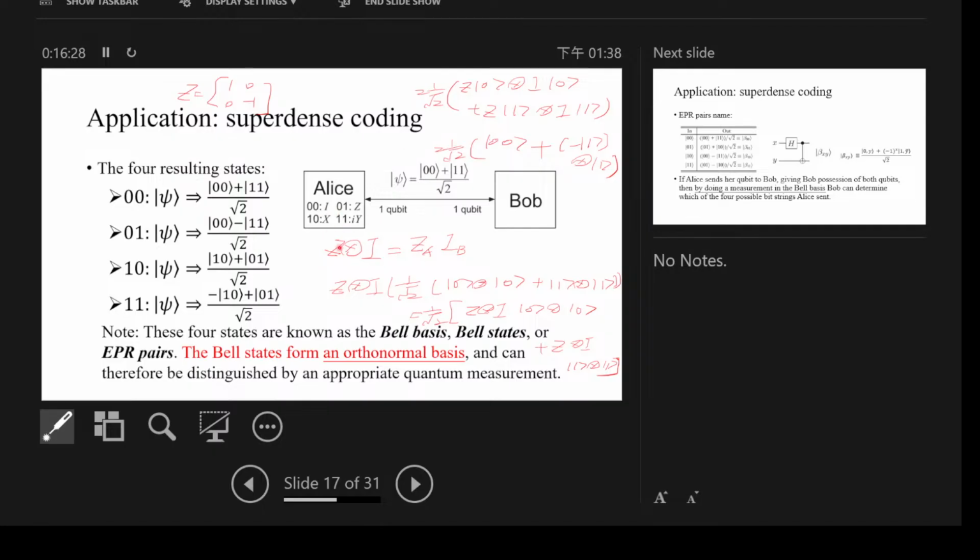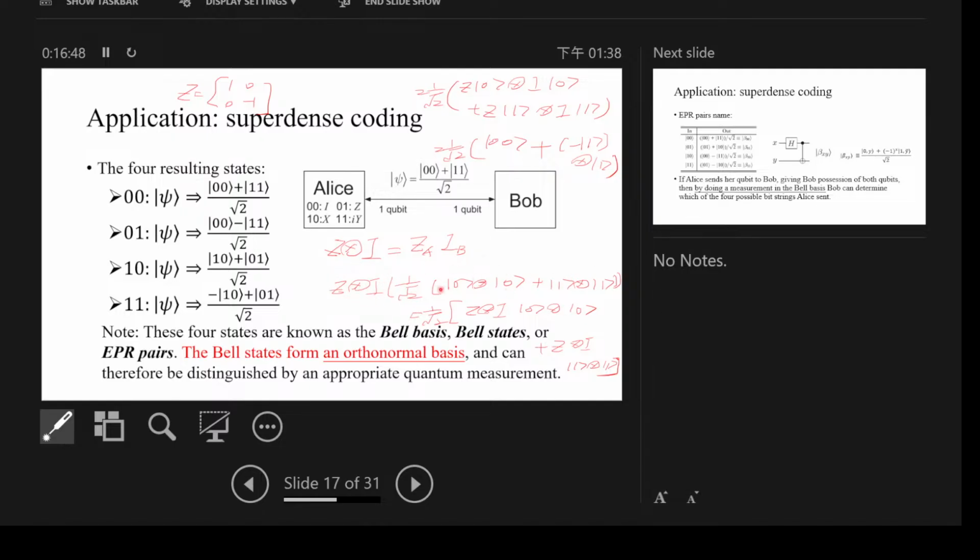So the gate we apply is Z on A and identity on B. And so we want Z tensor identity on |0>⊗|0> plus |1>⊗|1>. And we have a distributive rule, so we can calculate this on this and this on this.